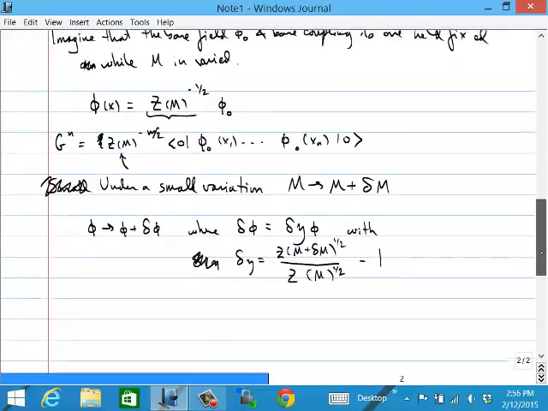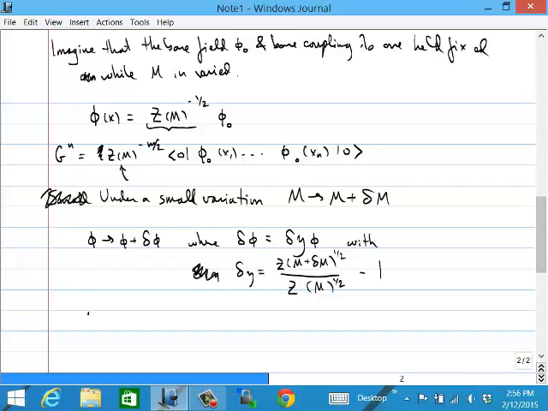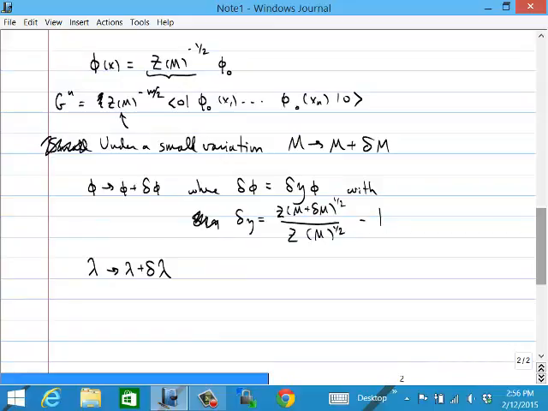And likewise, as you vary the renormalization scale, the physical value of the coupling is going to change as well. And the point, really, is that Gn can be regarded as a function only of the renormalized coupling lambda and the renormalization scale m.